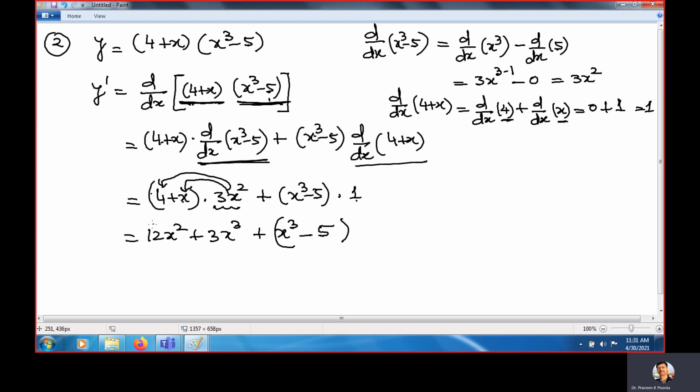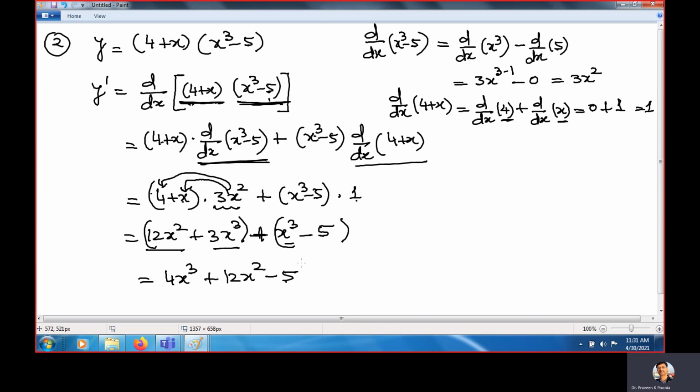This is one bracket, this is one bracket, because there is a plus in between, so there is no problem. 3x power 3 and x power 3, it is 4x power 3 plus 12x power 2 minus 5.